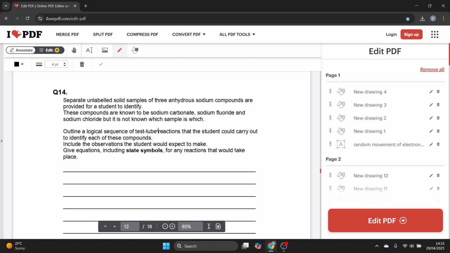Compounds are known to be sodium carbonate, sodium fluoride, sodium chloride. But it's not known which sample is which. Outline a logical sequence of test tube reactions that a student could carry out to identify each of these compounds, identify observations a student would expect to make, give the equation including states for any reactions that would take place.